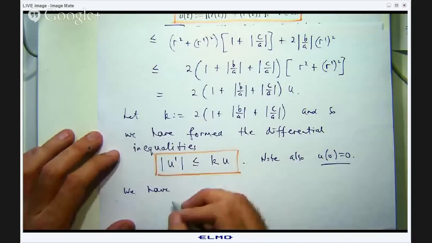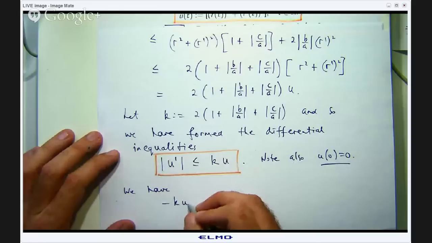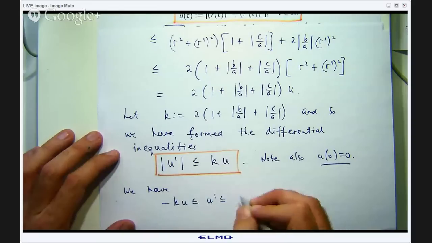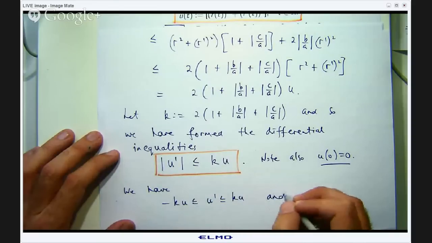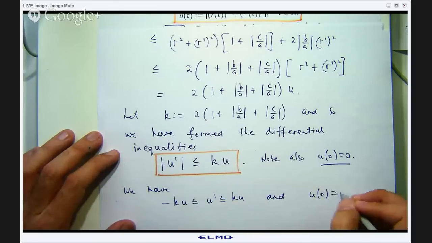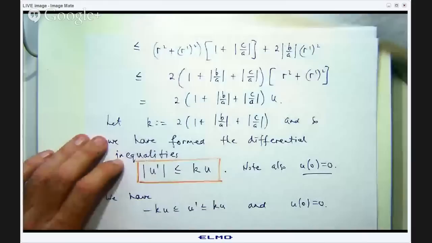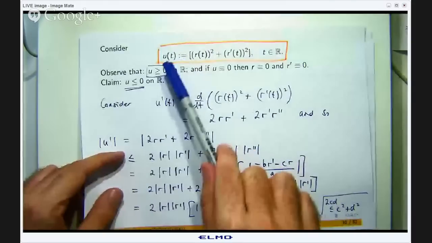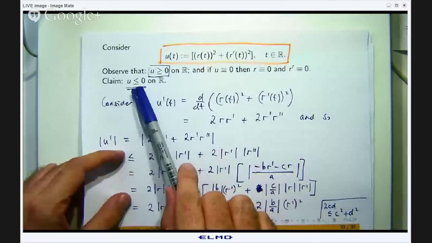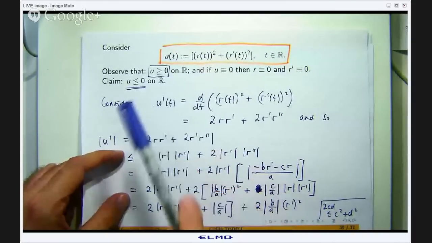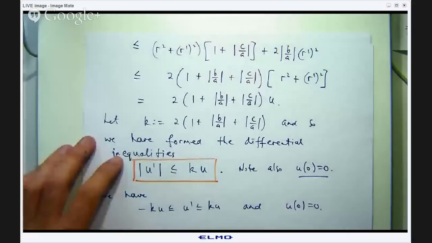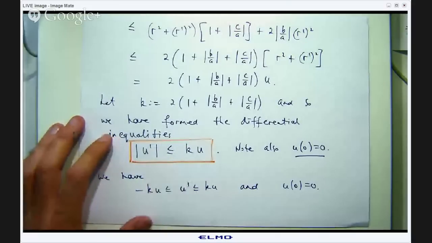So if I just expand this a little bit, I get the following. Now remember what I'm trying to do here. I know from my definition of U, it's always non-negative. I'm trying to show that U is also non-positive. So that's what I'm really trying to achieve here with these differential inequalities.